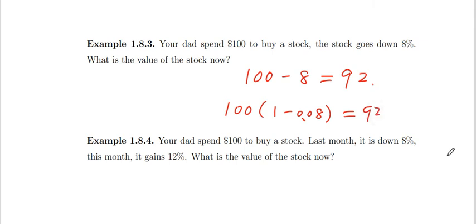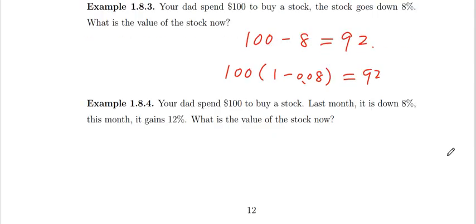Okay. So we can consider a slightly more complicated one, where something goes down and then gains again. The original is 100, starting at 100. Down 8% means we multiply by 1 minus 0.08, and then it gains 12%, so that becomes plus 12%.